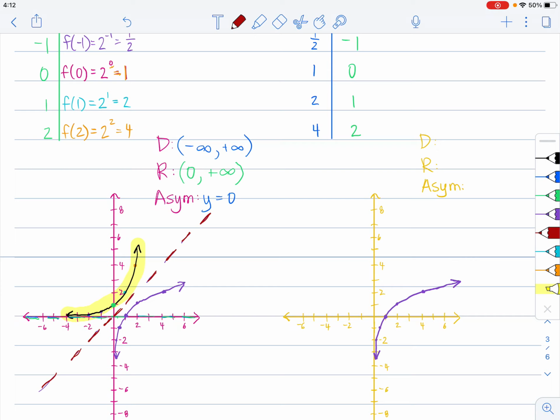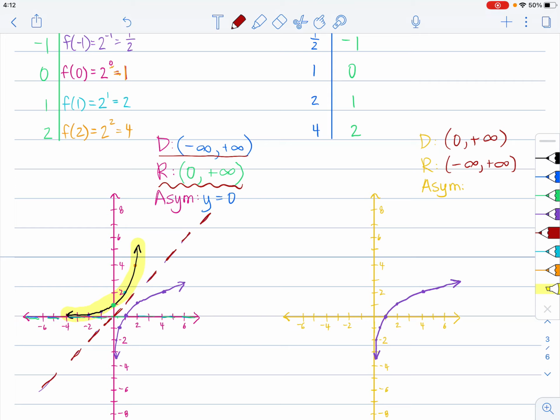So this is 2 to the x's range, which makes log base 2 of x's domain from 0 to positive infinity. 2 to the x's domain is log base 2 of x's range, so we can hit from -infinity to positive infinity on our y-axis.